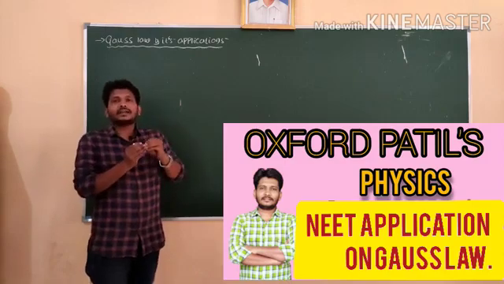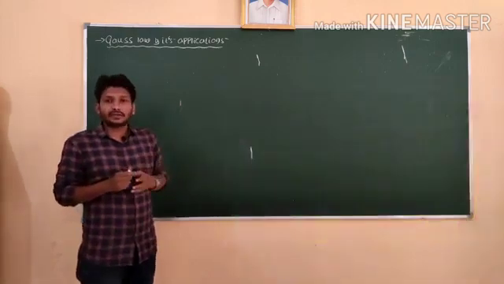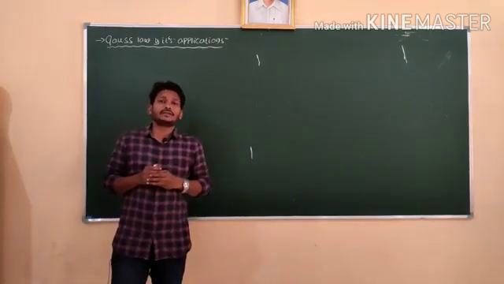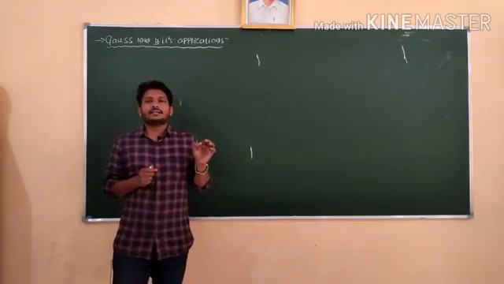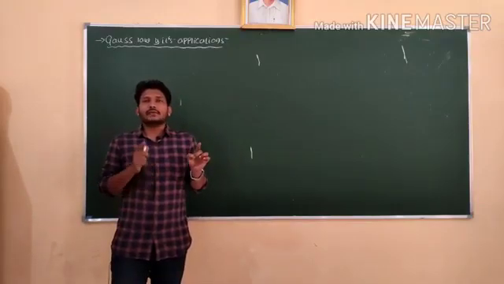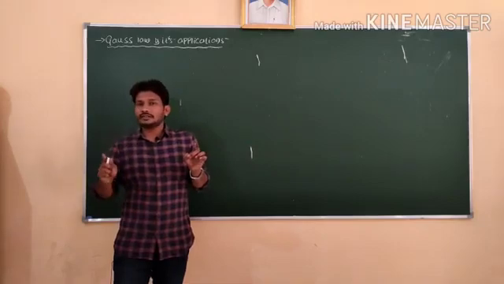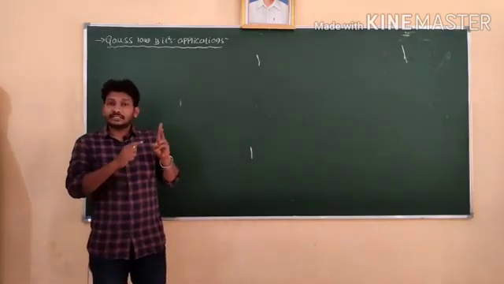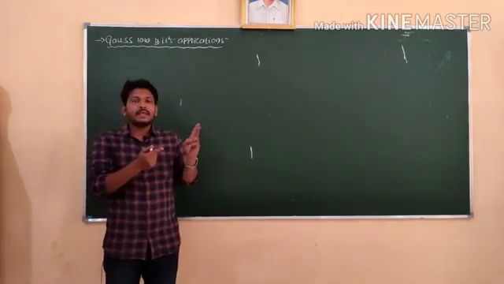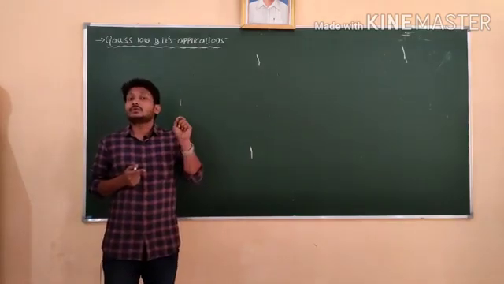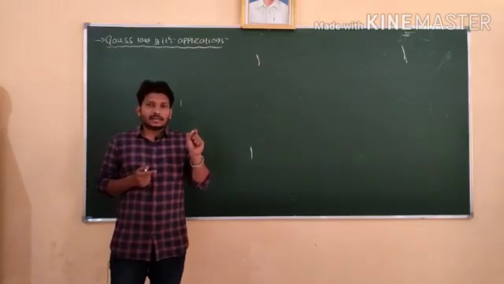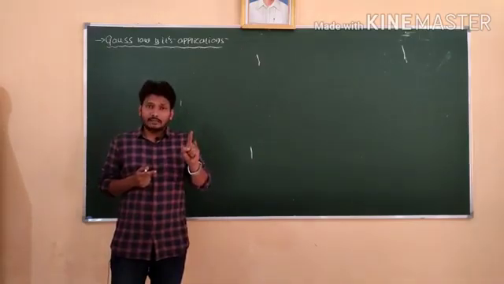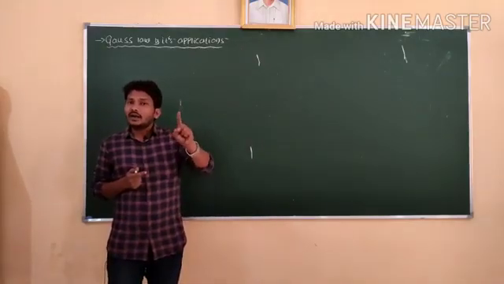In case of electric flux, we got an equation for it. What is the equation for electric flux? Phi is equal to what? Phi is equal to E into dS cos theta, where E represents the electric field strength, dS represents the surface area, and remember here cos theta represents the angle between the electric field line and the normal line.